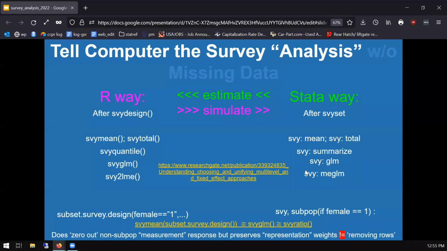When are situations where you should just fit a regression using fixed effects instead of an alternative regression that has random effects or multi-level models? So comparing a GLM versus an ME-GLM. In R, when should you use a GLM or a LME? It's worth checking that out.